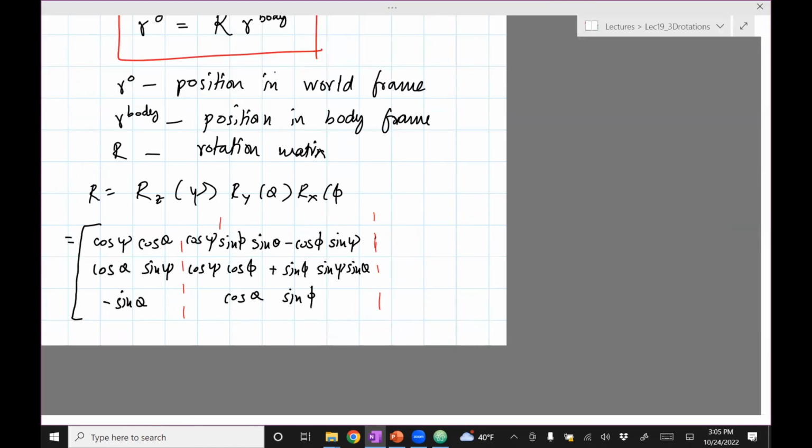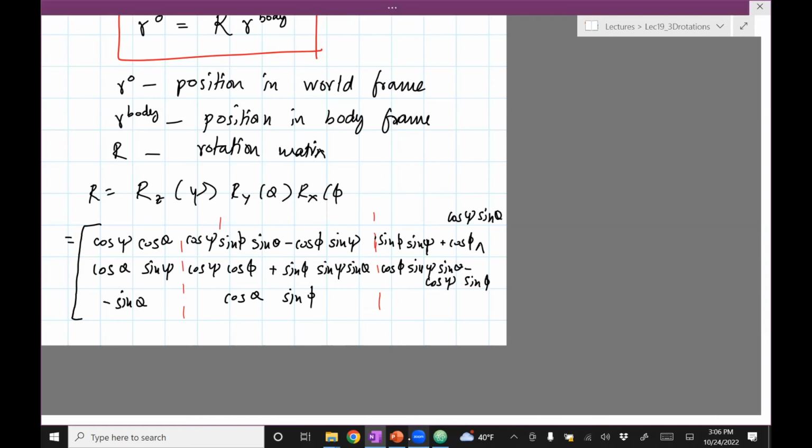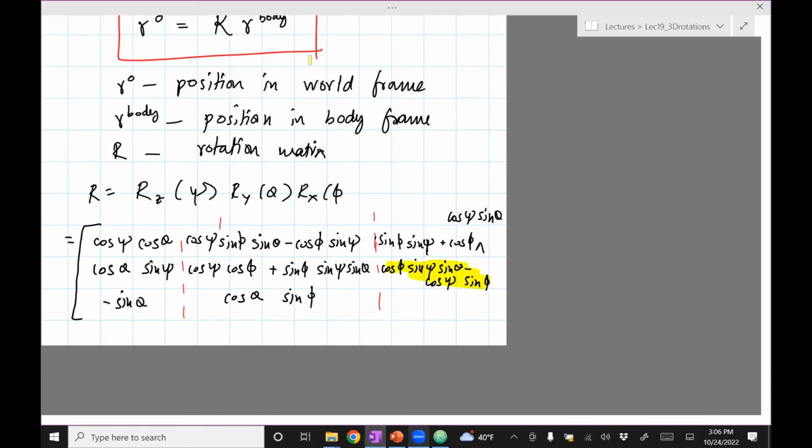Okay, last column: sine phi sine psi plus cos phi cos psi sine theta, cos phi sine psi sine theta minus cos psi sine phi, and then cos phi cos theta.